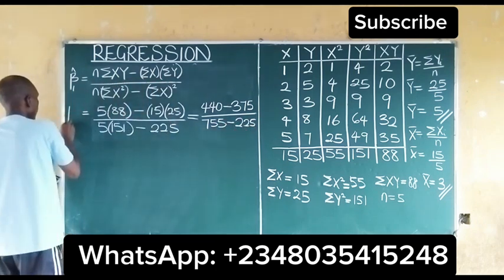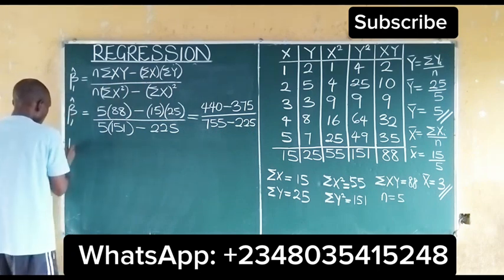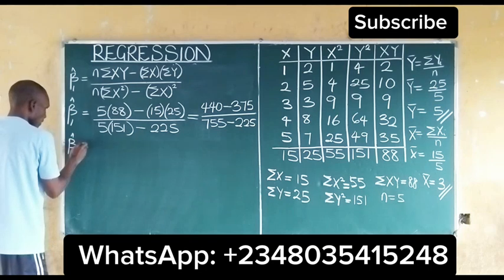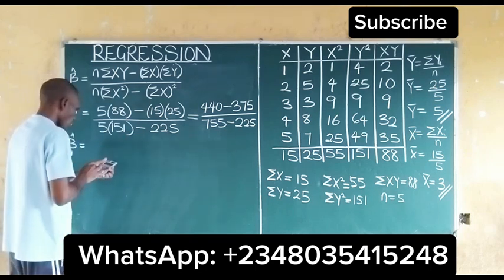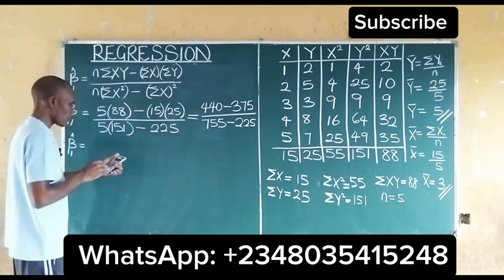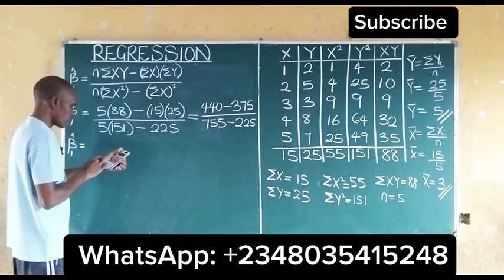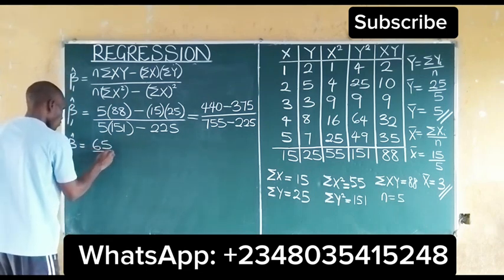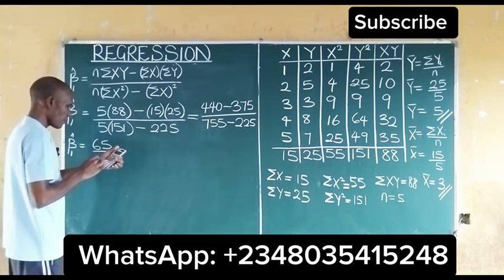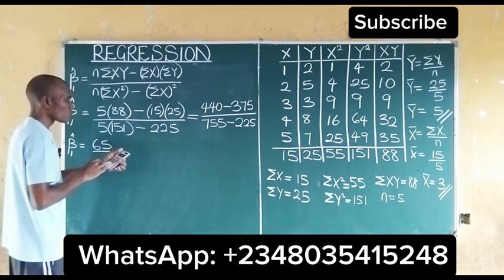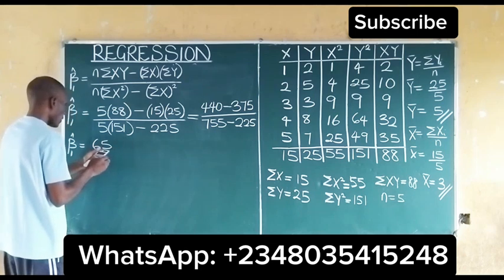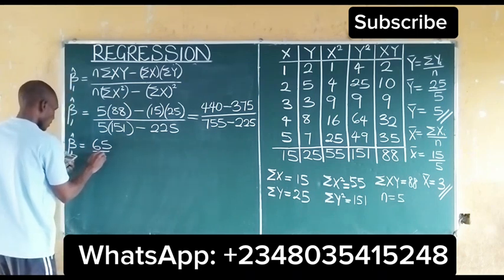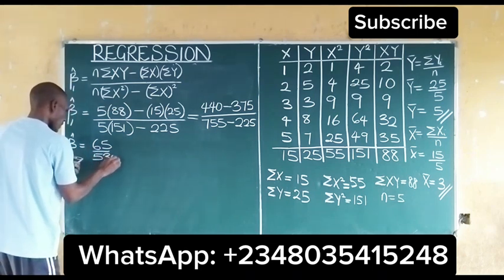Of course, our B1 estimate is equal to 440 minus 375, which is 65, all over 755 minus 225, which is 530.